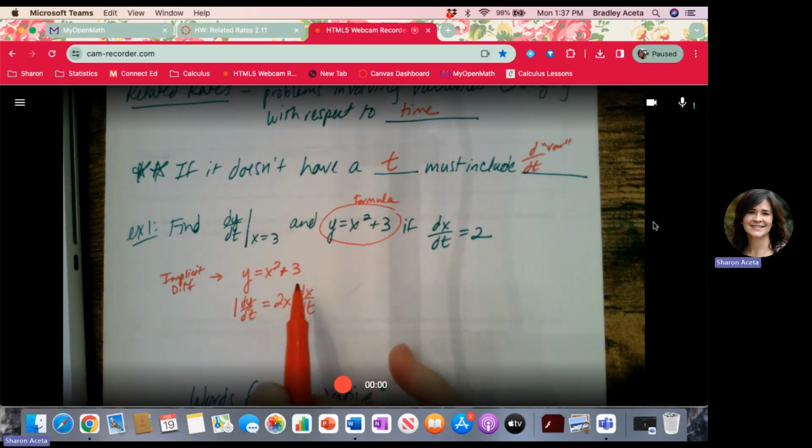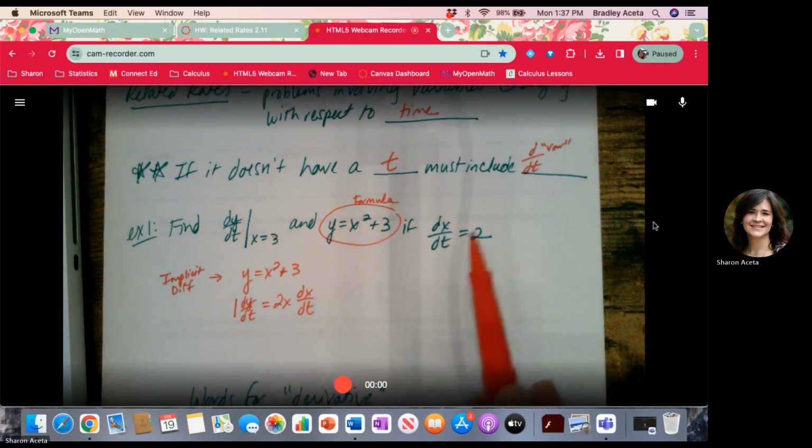Now 3, the derivative of any constant is 0, so I don't have to attach anything because 0 times anything is 0. But what I've just done right now is I've taken my derivative, and now I'm going to plug in the things that they told me already. So wherever you see an x, that's going to be 3. And wherever you see a dx/dt, that's going to be 2.